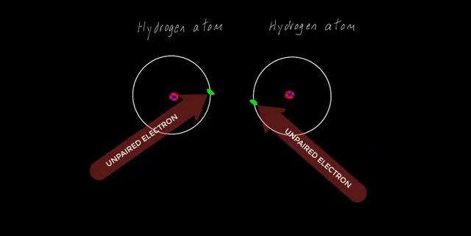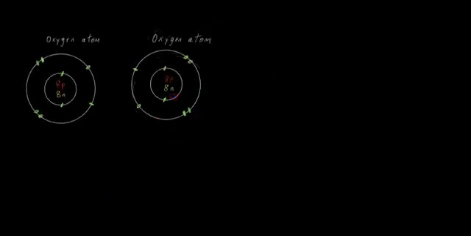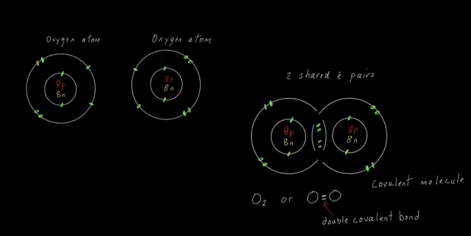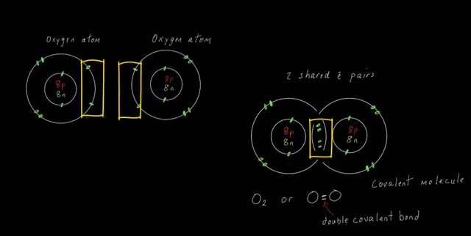I think that makes sense. Let's have a few examples. Here are two oxygen atoms, and here is an oxygen molecule. There are two pairs of shared electrons this time, here and here. We call this a double covalent bond, and we can also display it like this.